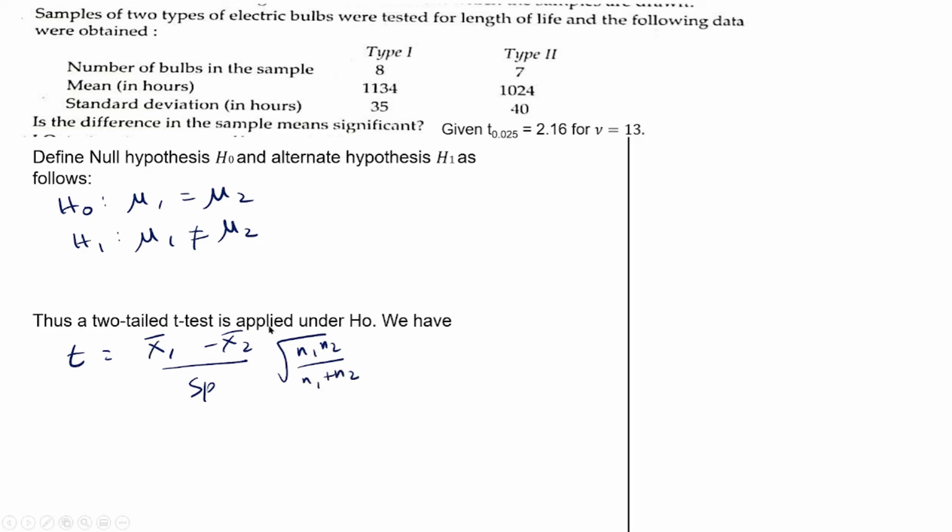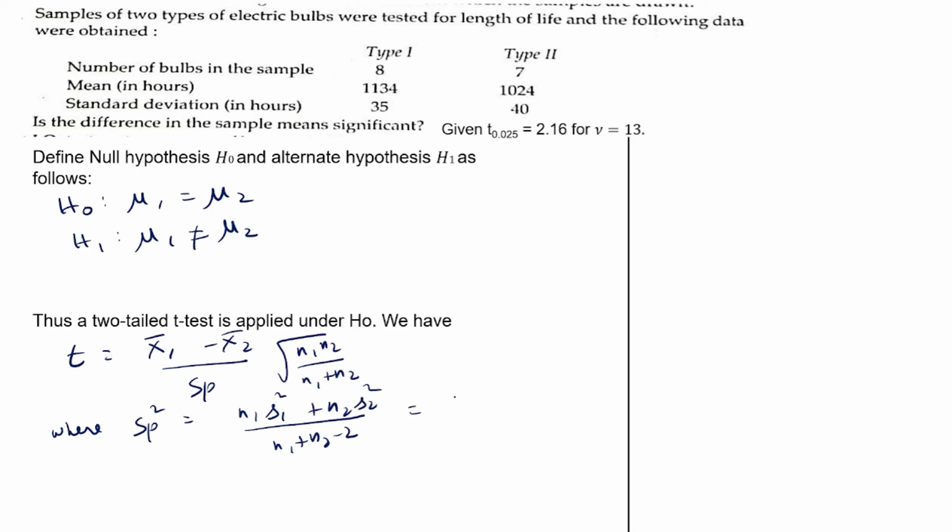Here x1 bar, x2 bar, n1, n2, all these are given in the question itself. Sp we have to find, where Sp square is equal to n1 s1 square plus n2 s2 square upon n1 plus n2 minus 2.